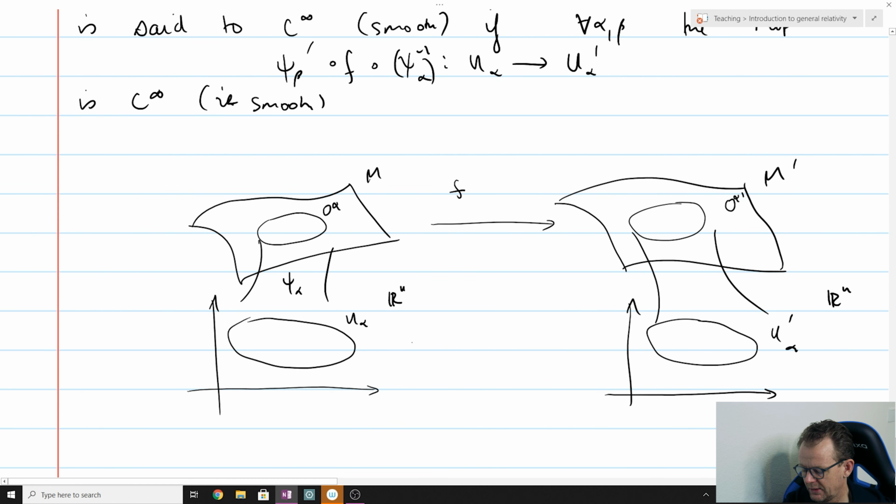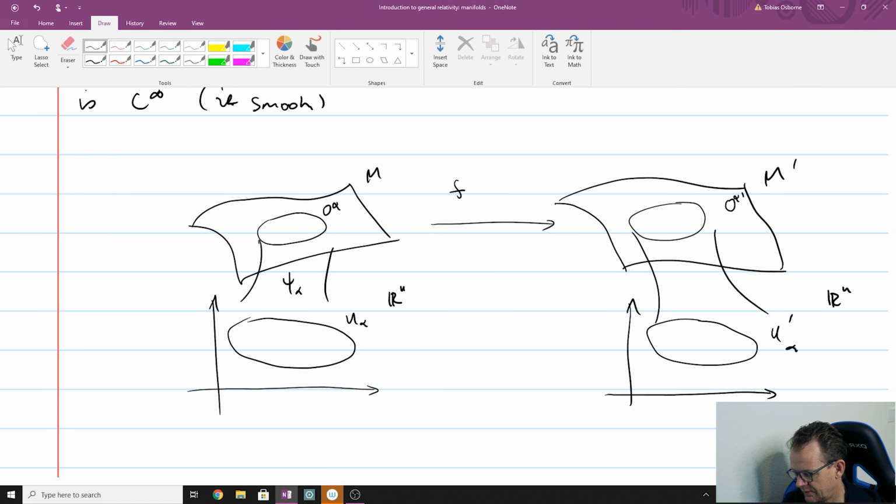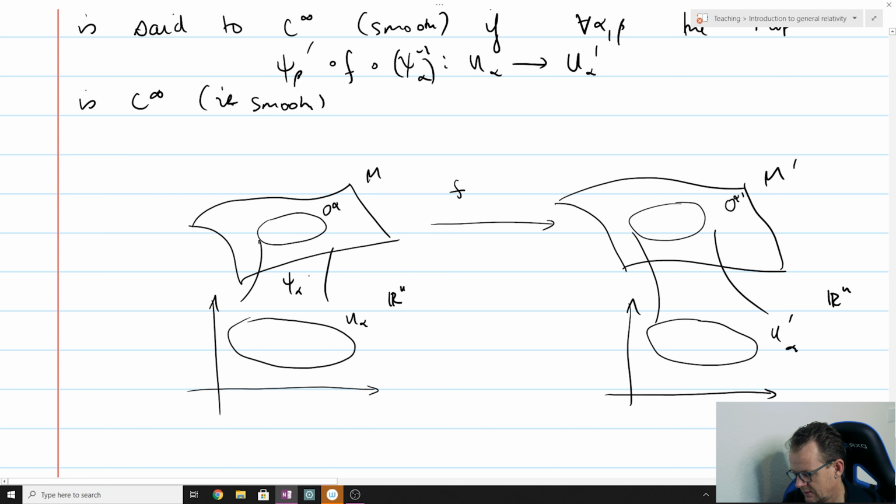So we can form a map that goes between U alpha and U alpha prime by first mapping from U alpha to M via psi alpha inverse, applying F, and then mapping down from M prime to Rn via psi beta prime.